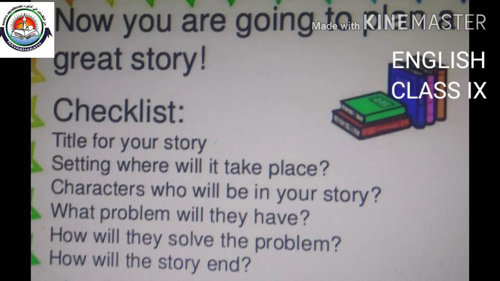And then comes the second last point, the solution of the problem. How the characters find a solution to the problem is also very important. And we must avoid using overly heroic and overactive reactions and expressions while we are solving the problem or the situation.